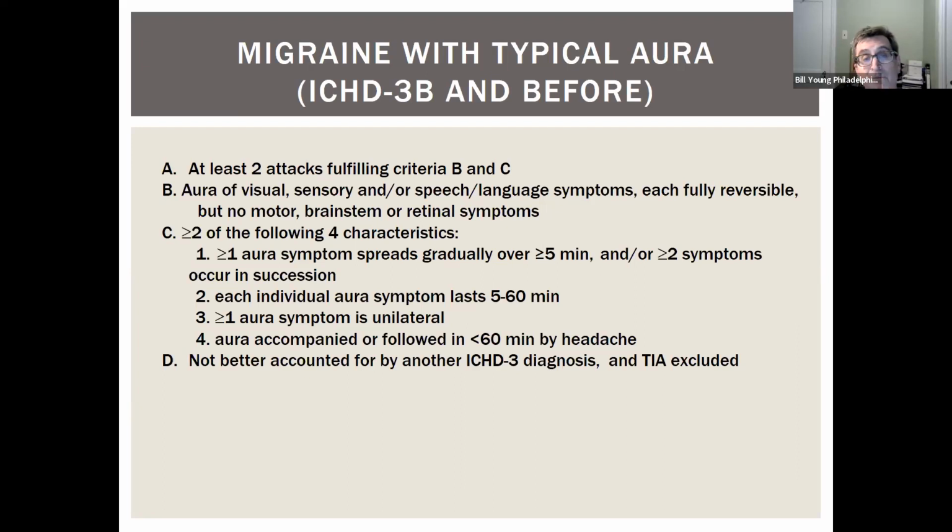And the symptoms spread gradually over more than 5 minutes, but there can be a couple of symptoms in succession. So you can have a visual aura followed by a sensory aura, followed by a language aura, and each symptom type lasts less than 60 minutes. And at least one of the aura symptoms has to be just on one side.